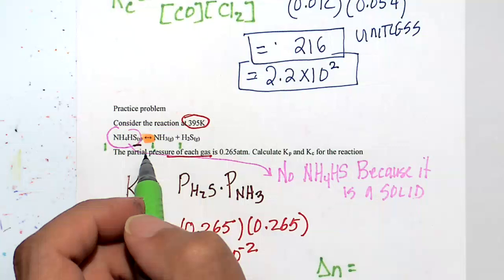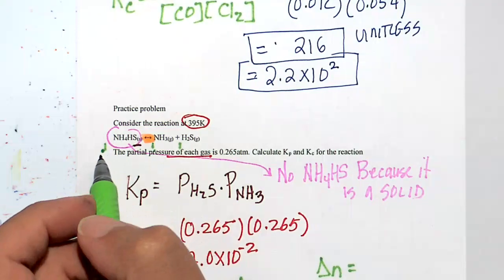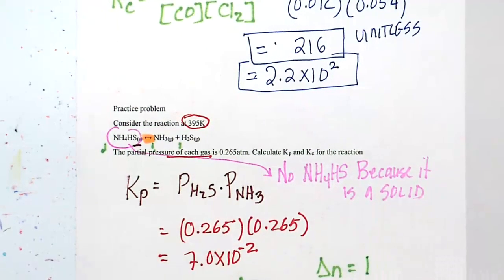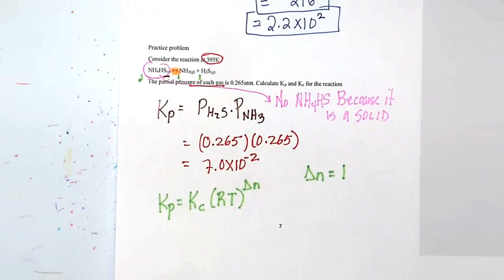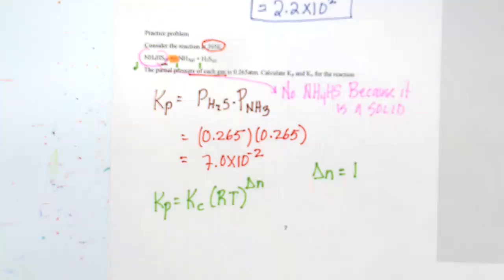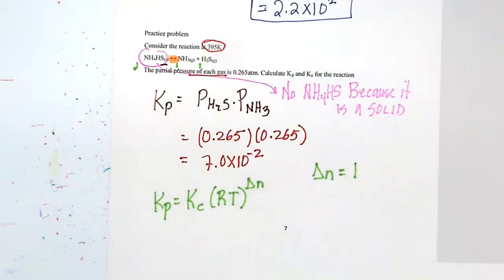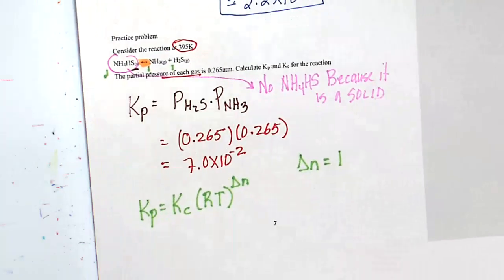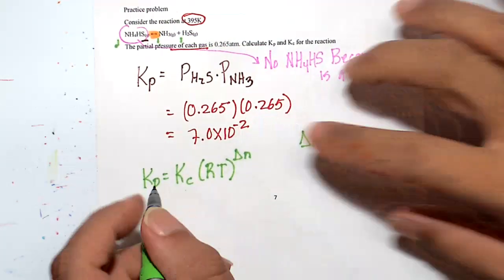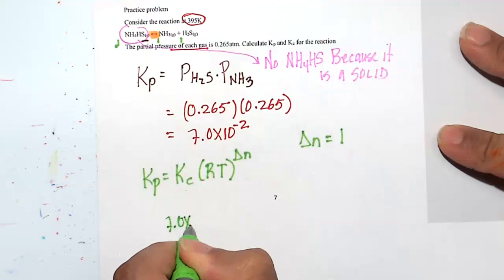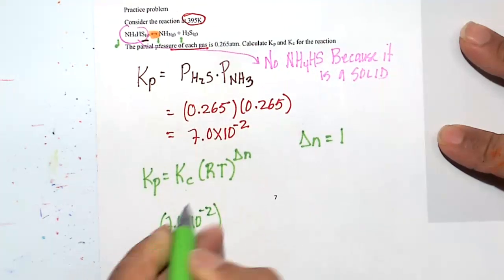So 1 plus 1 is 2, and 2 minus 1 is 1. So delta n here is 1.